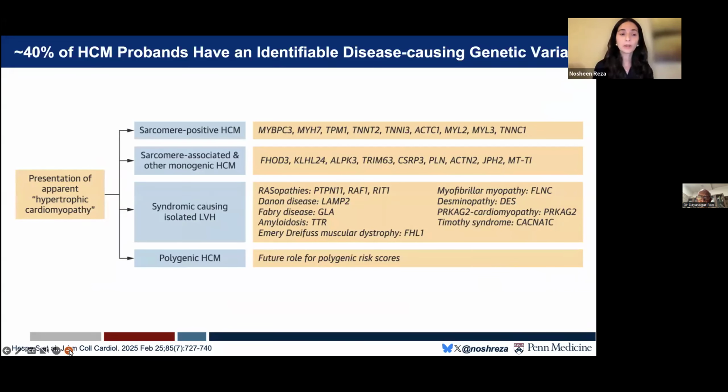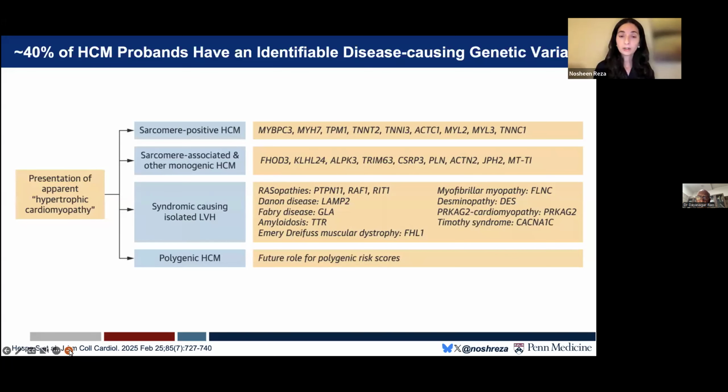Sarcomere positive HCM, which means that they have a genetic variant causative of HCM in one of the genes listed here that are associated with the sarcomere. Sarcomere associated or other monogenic HCM, again, similar disease-causing variants in the genes listed here that are not directly impacting the sarcomere, but are sarcomere associated.